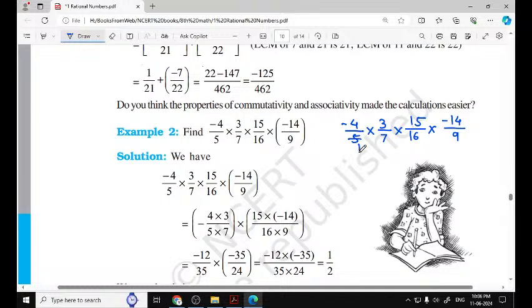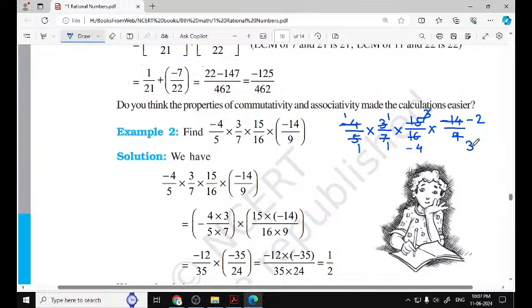So 5 can divide this 15. 5 3s are 15. This 7 can divide minus 14 and we get here minus 2. This 3 can divide 9 to give us 3. This 4 can divide 16. One of the numbers is negative, so the answer is negative.